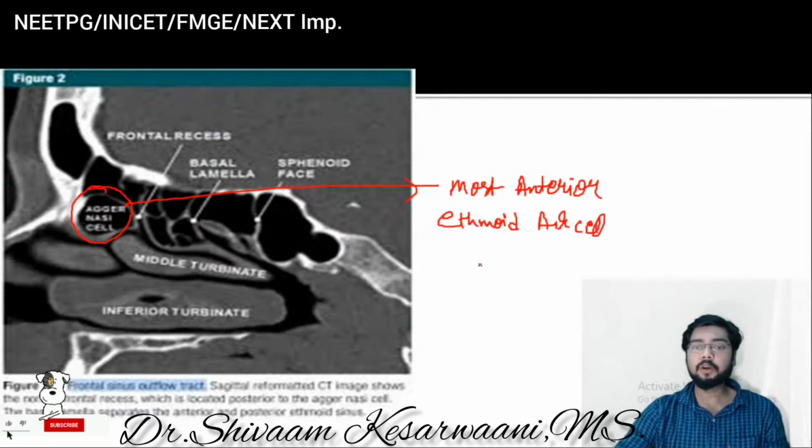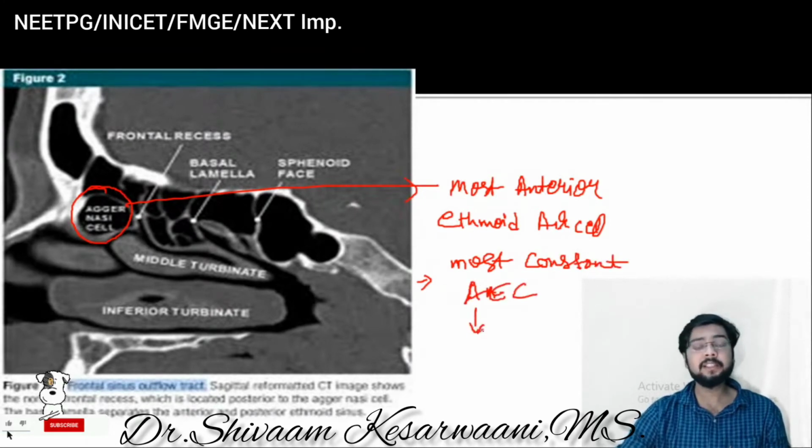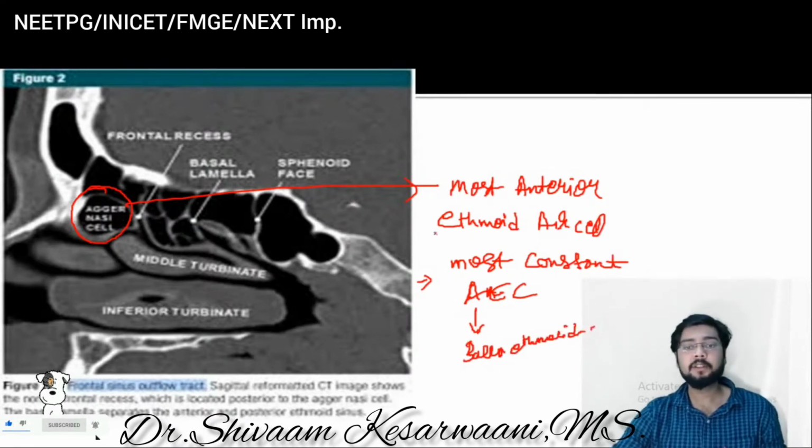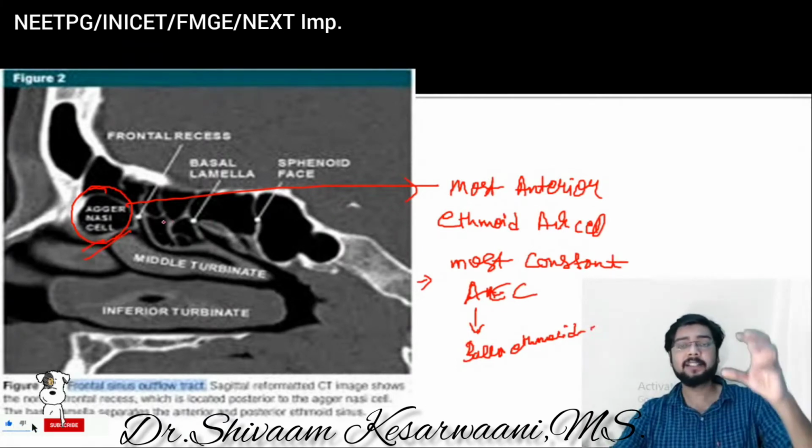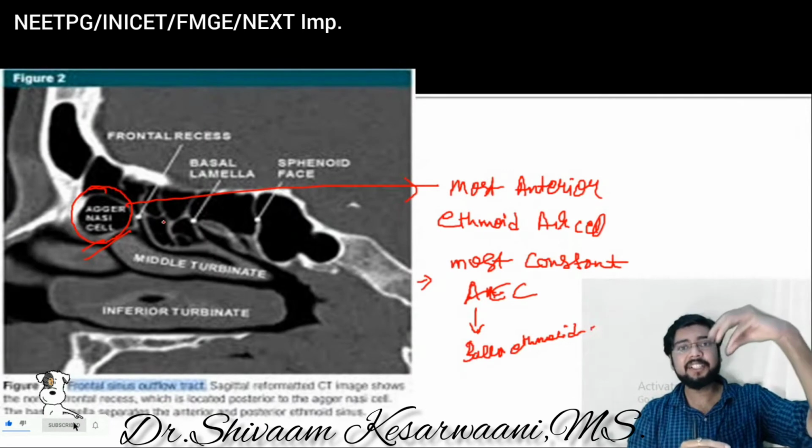And what is the most constant anterior ethmoidal cell? The most constant anterior ethmoidal cell is your bulla ethmoidalis, but the most anterior is your Agger cell.